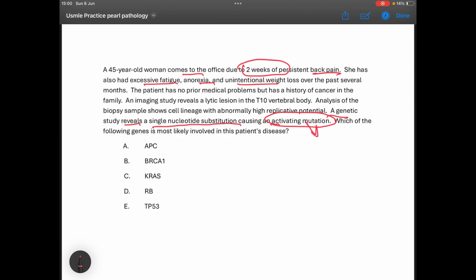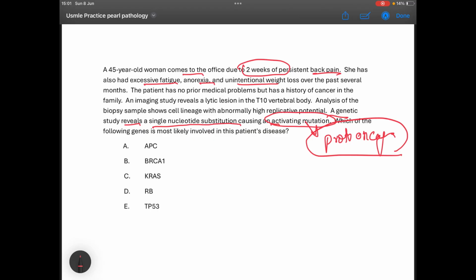Already we told in our first question that activating mutations are in proto-oncogenes. We have to decide which proto-oncogene is responsible for this cancer. First we have to judge whether it is a mutation of proto-oncogenes or anti-oncogenes, the tumor suppressors.